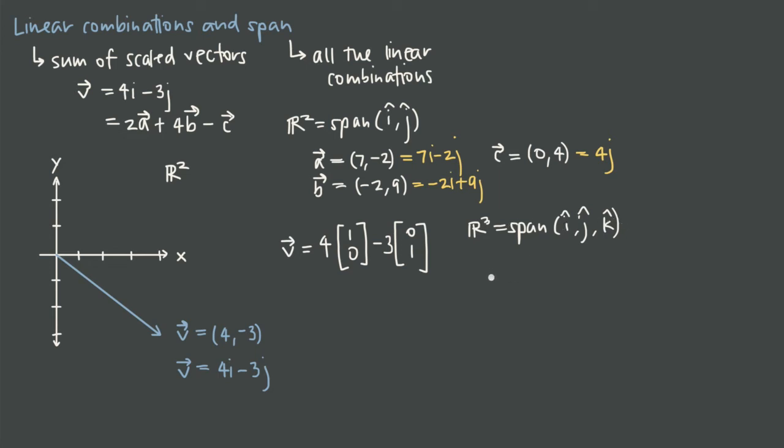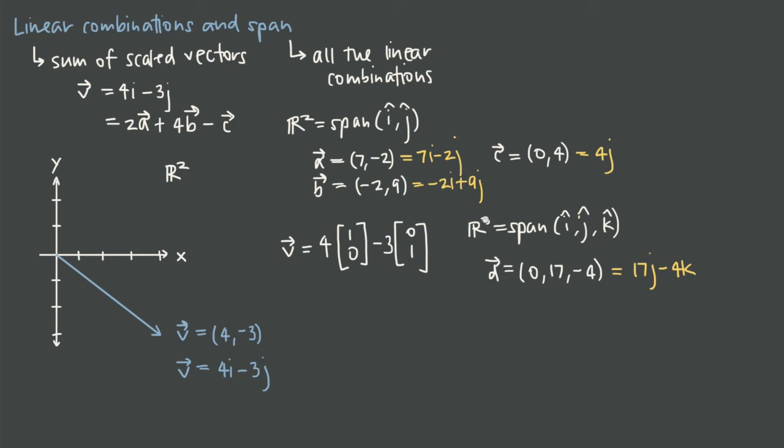For instance, if I pick the vector, we'll say the vector d, and in R3 it is (0, 17, -4), I can represent that using a linear combination of i, j, and k as 0i, so we won't write that, plus 17j, minus 4k. So I have a linear combination here of i, j, and k that gets me to this vector in R3.